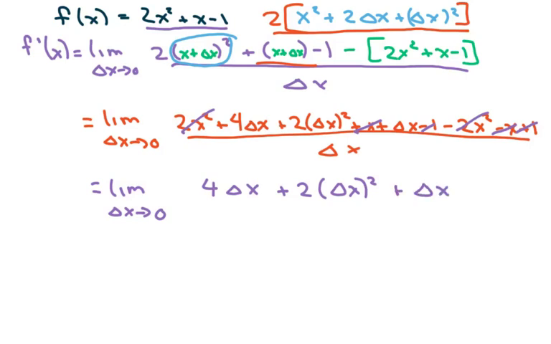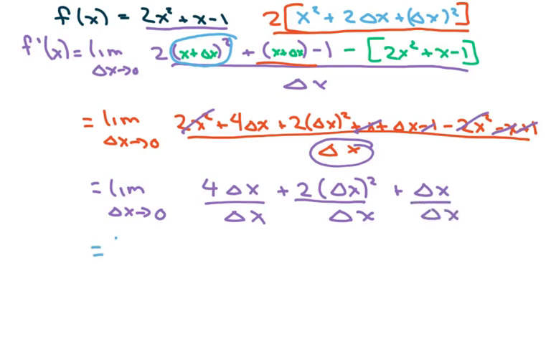Now what I'm going to do is divide, instead of, I'm going to put it under each piece and divide that way. So I'm going to get the limit as delta x approaches 0. These will cancel, so you get 4. You're going to have 1 left here that goes into that 1 time. So that's 2 delta x plus, and you cancel that out, that gives you 1.